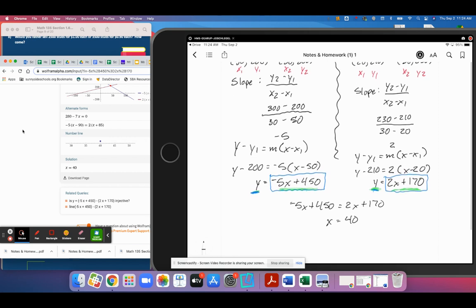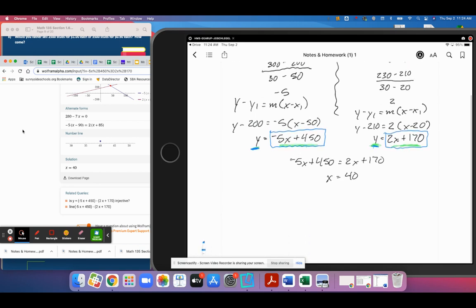So what we can do now is we can take that x value and we can put it back into any one of these equations. I'm going to choose the one on the right just because it looks a little bit easier. And if I was to put it in the one on the left, I should get the same result. So let's go ahead and do that, everyone.